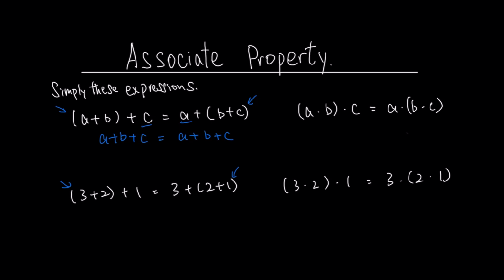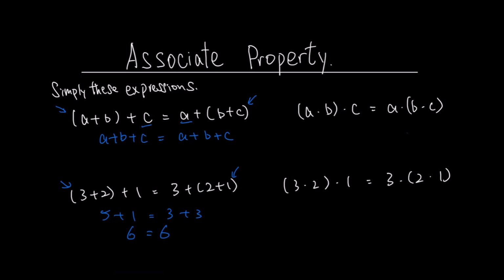Over here on the left, we get 3 plus 2 is 5, so we have 5 plus 1. Over here on the right-hand side, we have 3 plus, and then inside the parentheses, we have 2 plus 1, which is 3. No matter how we do it, you can see that we are going to get a 6 on the left and 6 on the right.